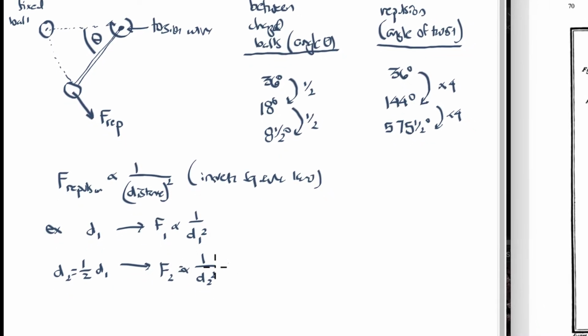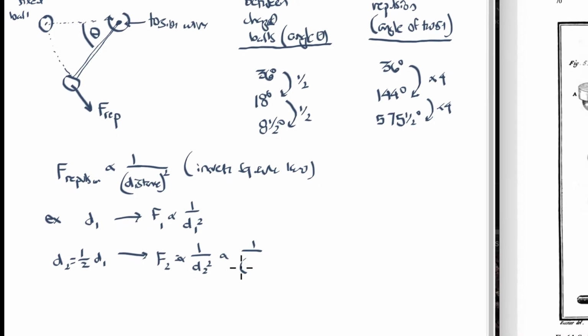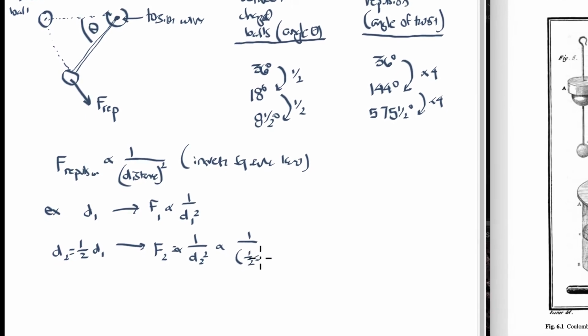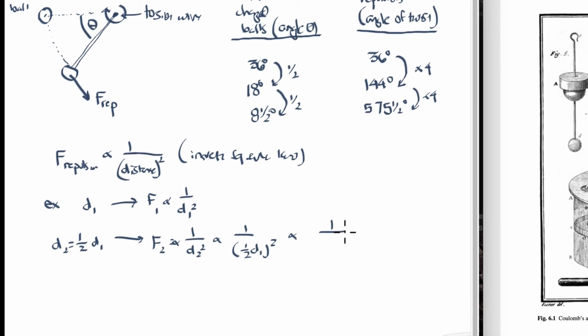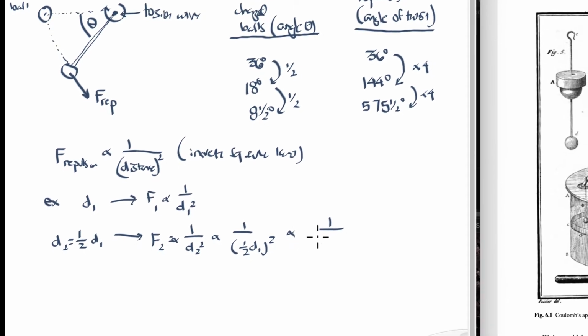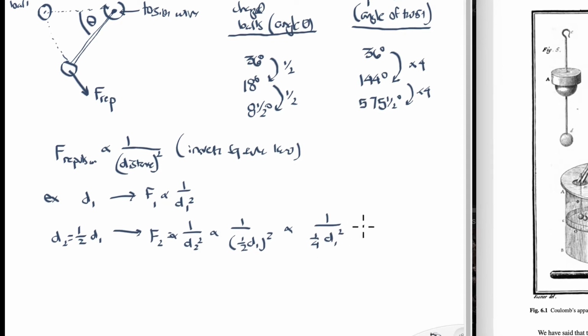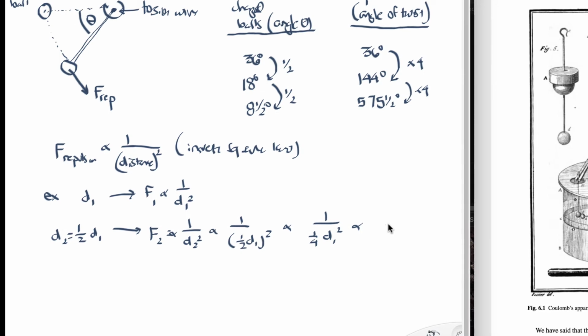It's proportional to 1 over d2 squared, which is saying, well, d2 is 1/2 of d1. This is a proportional to sign, by the way. So it's 1 over 1/2 of d1, squared. And if I keep going like this, 1/2 squared is 1/4, so 1/4 d1 squared. And notice that 1 over d1 squared was the force that was exerted originally.